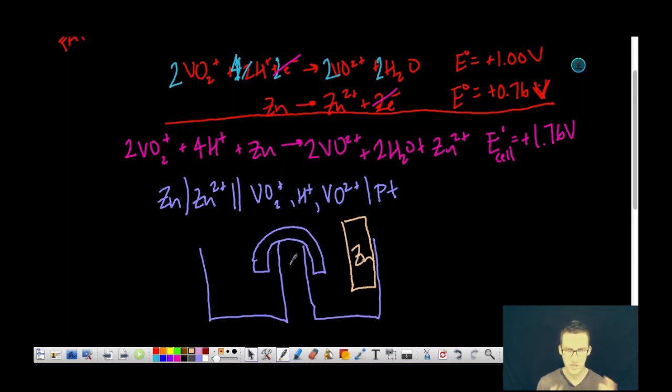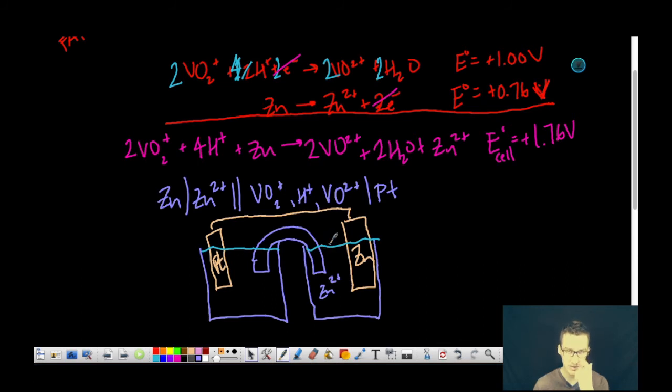Again, it's totally up to you how you want to draw the picture. The cell diagram, however, has to be anode and then the cathode. And then over here, I'll put my platinum, Pt. Connect us here with a wire. And then our solutions. Got our two solutions in here. We'll have our zinc ions in our solution over here.